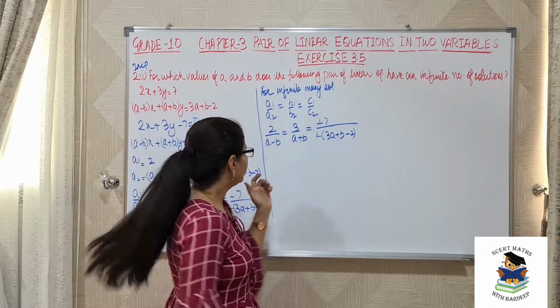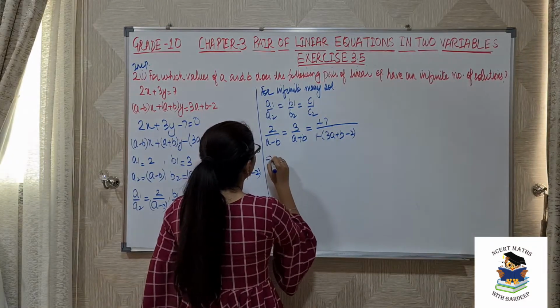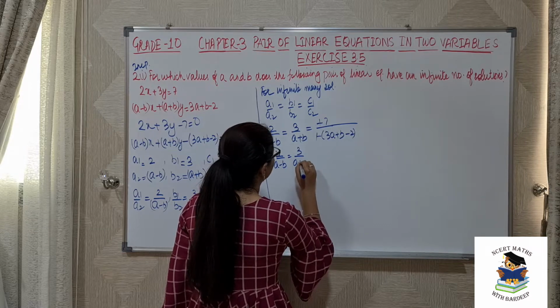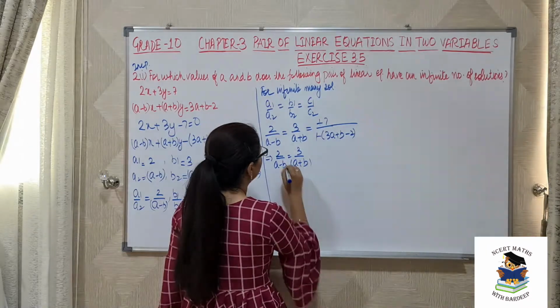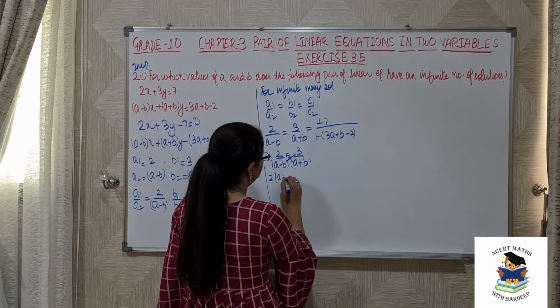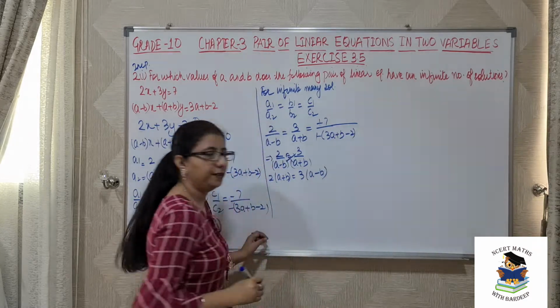So now let's take the first two terms. So 2 over (a minus b) is equal to 3 over (a plus b). So cross multiply them. This is 2 times (a plus b) is equal to 3 times (a minus b).